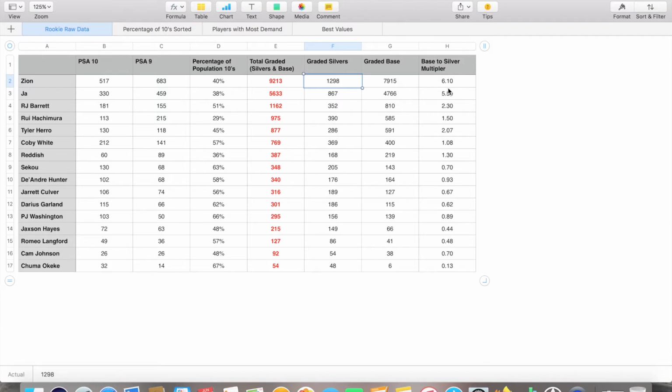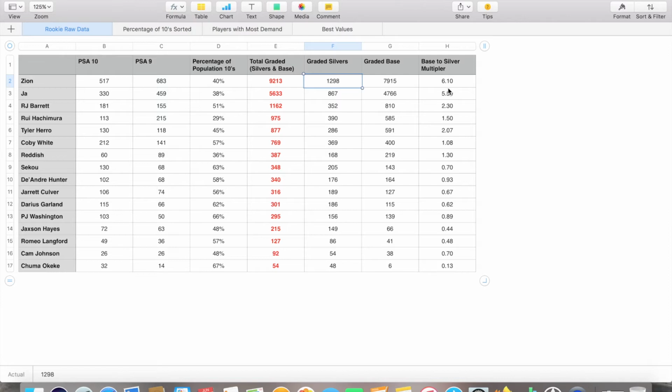So the more base that the player has, the more perceived demand the market views that it needs to be filled. You wouldn't be grading a lot of base with a player like Ty Jerome or Cam Johnson.